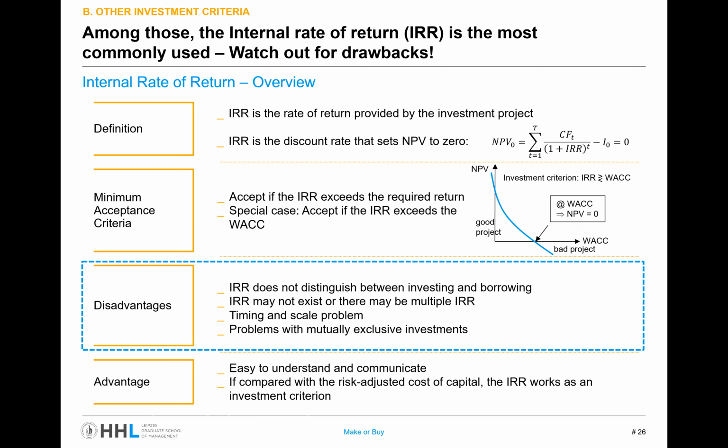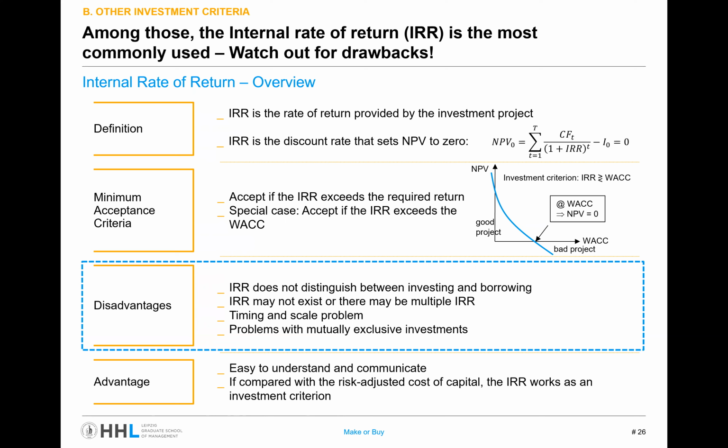So the IRR, as I told you, is not so different from the NPV. It's actually exactly the same formula. You have cash flows that get discounted, and you have an initial investment. But now you are turning the whole thing around. You are not thinking about what discount rate or opportunity cost delivers an NPV, but instead you say, I set the NPV equal to 0, and I see what kind of discount rate would generate that NPV of 0.